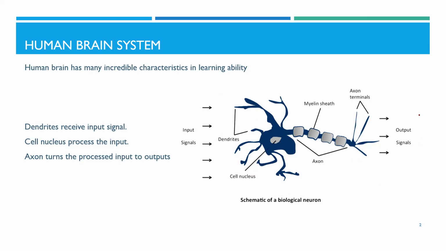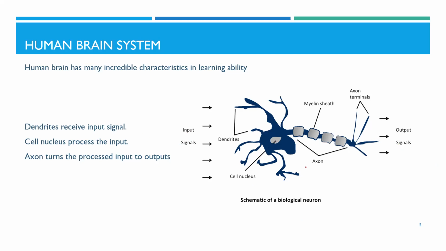So then we know what is the meaning of that signal. For example, when we touch an ice cube, our brain will process the information, and then we will feel, oh, it is very cold. Or if we touch a hot plate, then we will feel like, oh, this is hot.